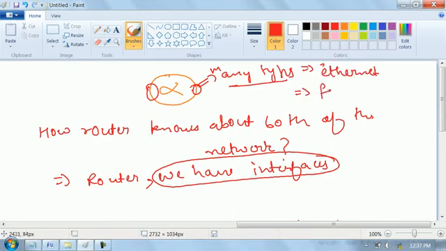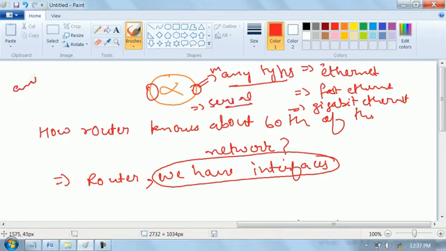Ethernet, fast Ethernet, gigabit Ethernet, after that serial, and many more.